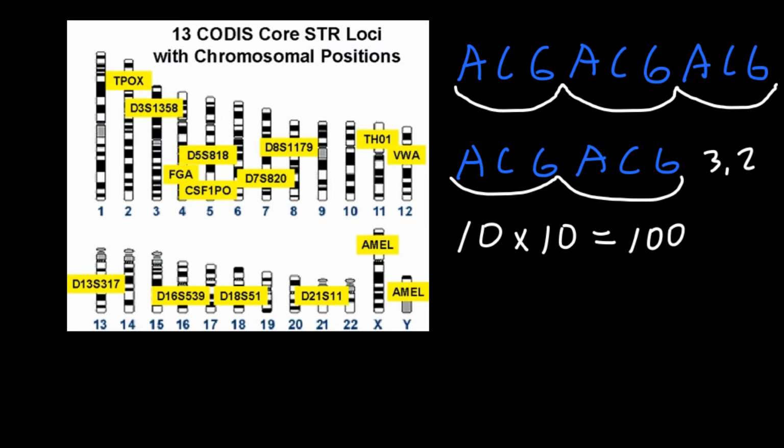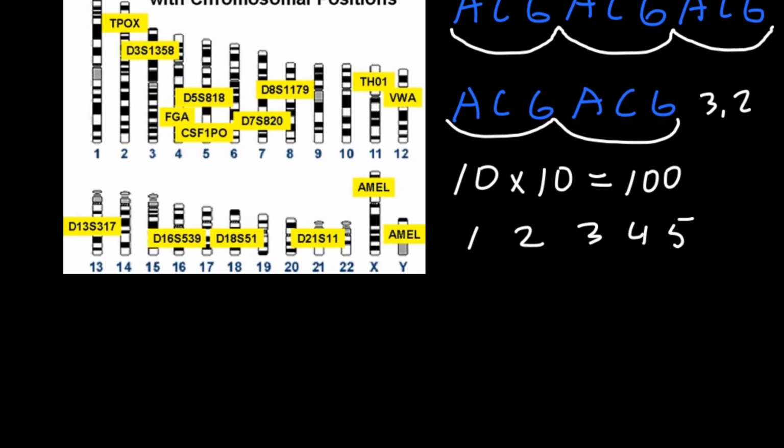Imagine that we have 5 alleles in the gene pool. On the chromosome from the mother side we may have variants 1, 2, 3, 4, and 5. And on the chromosome from the father side, we also may have variants 1, 2, 3, 4, and 5.